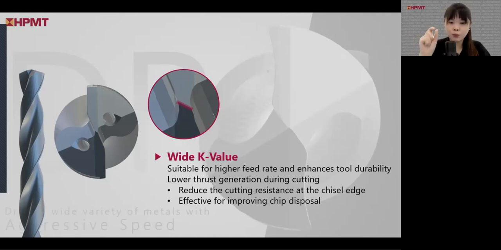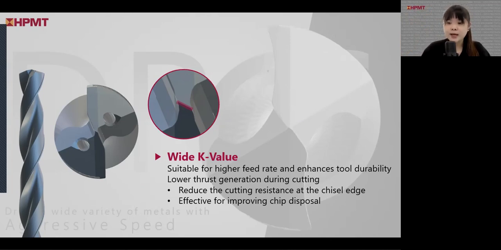So this is actually where the K value is located. This K value is the measurement value we use to measure the thickness of this part. And this region, for better illustration, is located at the point of the drill.